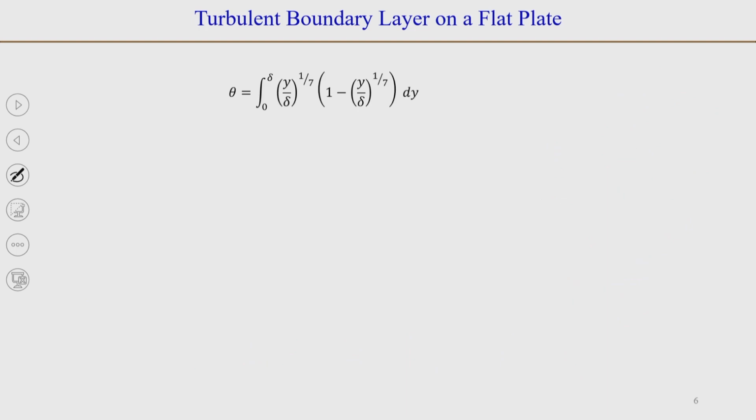Okay. So, let us calculate momentum thickness theta by substituting the velocity profile. Now, we could simply solve this integral by assuming, say, that y by delta raised to the power 1 by 7 is equal to eta. So, that will give us that y by delta is equal to eta raised to the power 7.